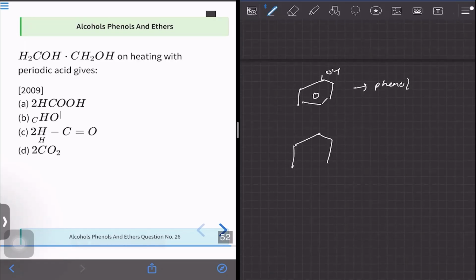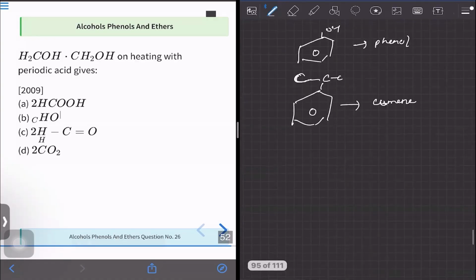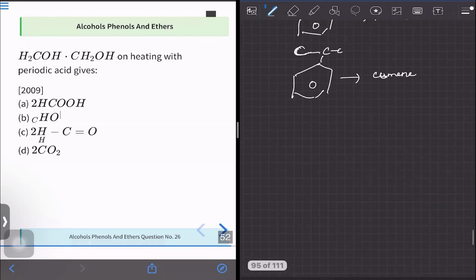Whenever an isopropyl group, that is attachment of the benzene group at the second carbon of propane, this is known as isopropyl benzene. This is known as cumene. We all know how cumene is produced.